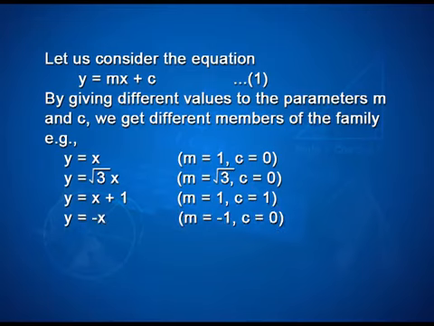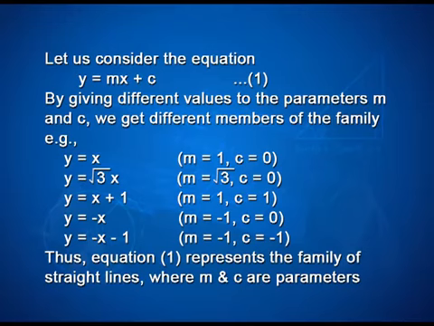Similarly, y is equal to minus x when m is equal to minus 1 and c is equal to 0, and y is equal to minus x minus 1 when m is equal to minus 1 and c is equal to minus 1. Thus, equation 1 represents the family of straight lines where m and c are parameters.